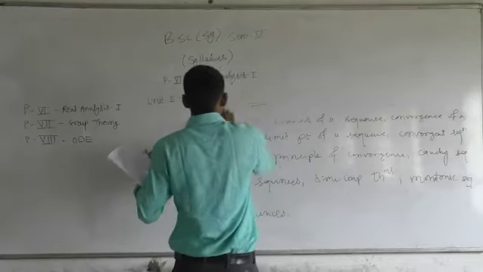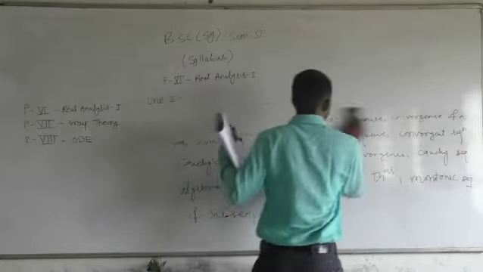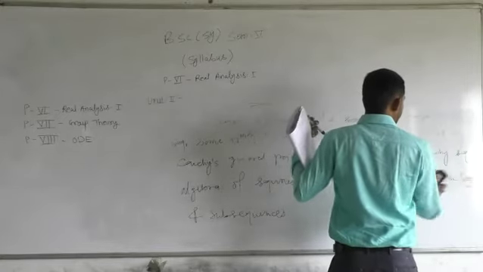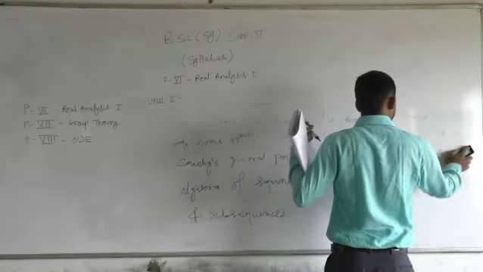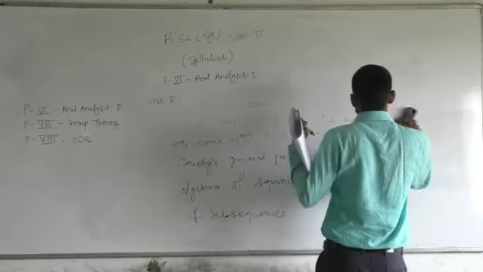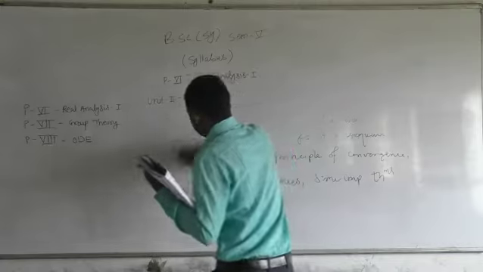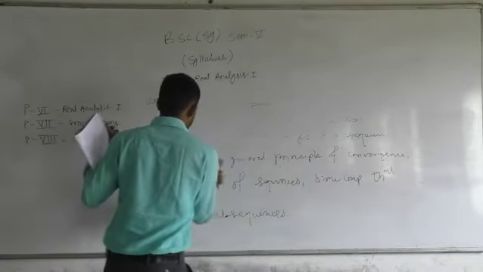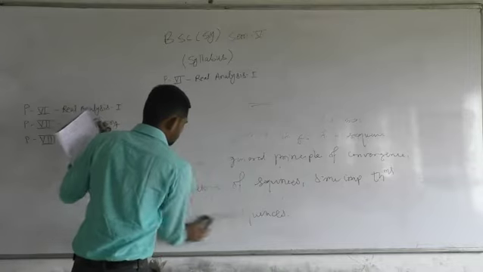Now, unit third is infinite series. Infinite series means a series which contains an infinite number of elements, which are uncountable. That is, we cannot count the numbers in the sequence. It's called an infinite series.